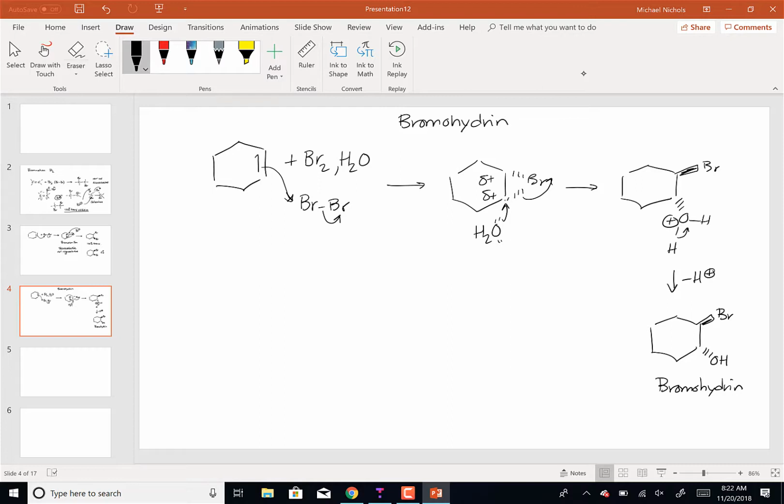Still with me? So that's how we change the mechanism when we add water to it. And I could do the same thing with an alcohol, but normally we do it with water. So is this reaction stereoselective?